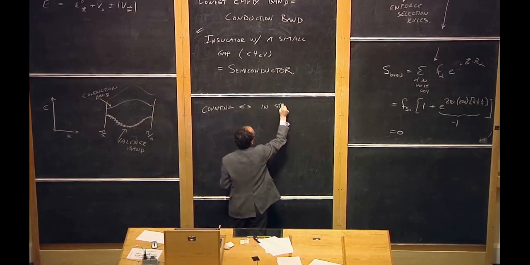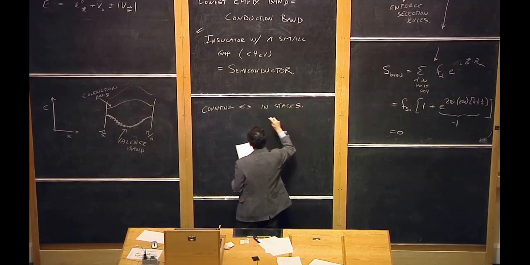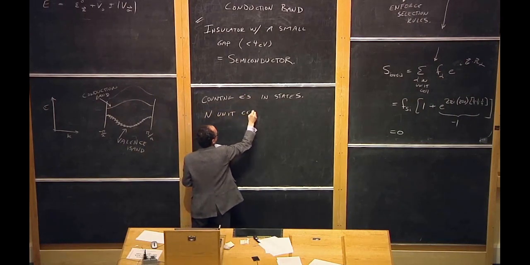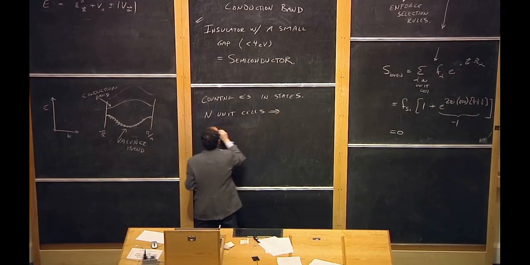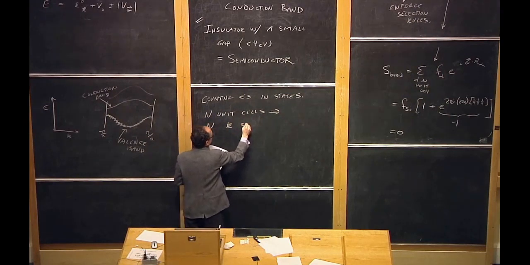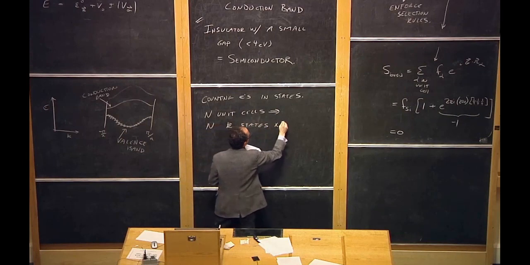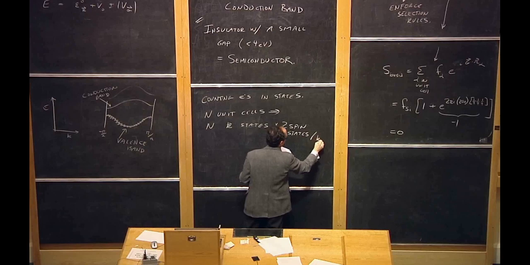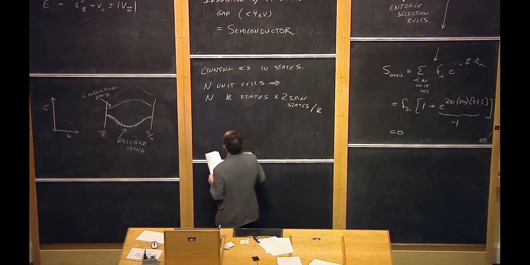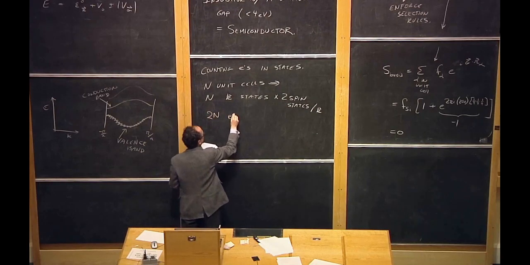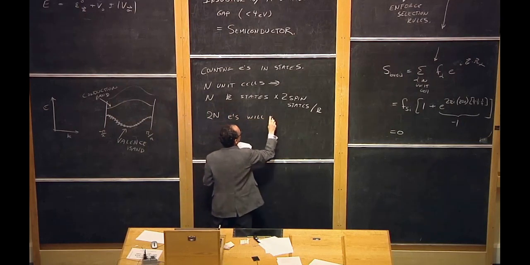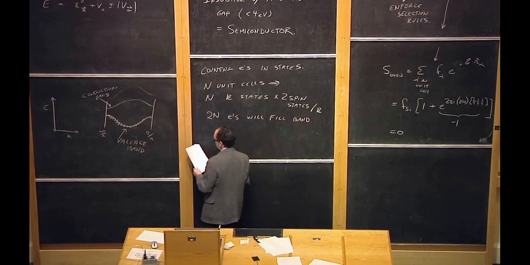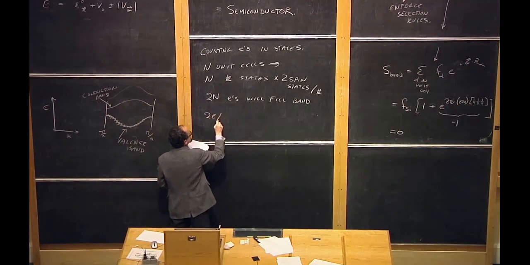Okay? Now, something else that we mentioned when we talked about the tight binding model is that counting electrons in states is rather important to figuring out if you have a filled band or not. If you have N unit cells in your system, then you have N k states, times 2 spin states per k, which means that 2N electrons will fill a band. To get 2N electrons, you need 2 electrons per unit cell.